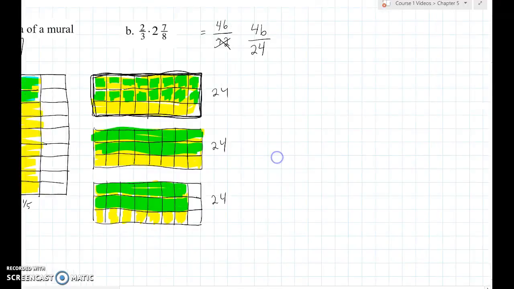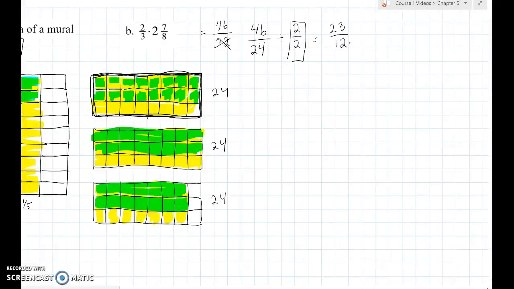Let's take this and say, well, they can both be divided by, I don't know, if you're stuck, just go ahead and divide it by a factor of 2. 46 divided by 2 is 23, and 24 divided by 2 is 12.